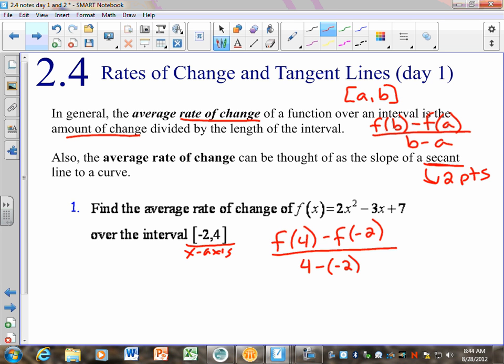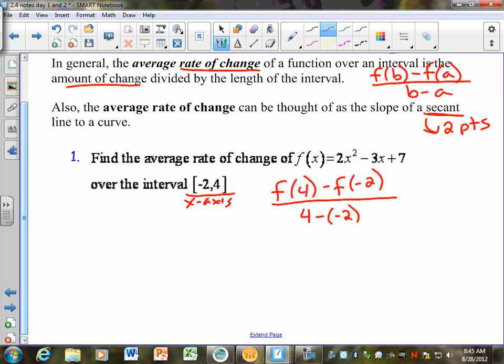And you should just get a number value out of this, just like we did day 1 with this chapter. Average speed or average rate of change, you should be able to tell me a number answer here. Remember that this means I'm plugging in up here, so I actually have to do a little bit of work. So I'm going to get 2 times 4 squared minus 3 times 4 plus 7.